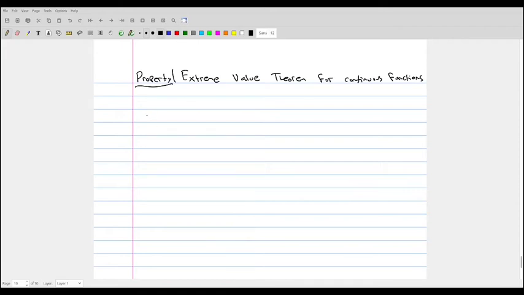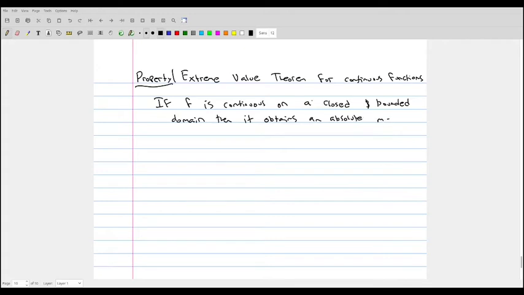And this says the following. It says that if f is continuous on some closed bounded domain, then it attains an absolute maximum and minimum value on the domain.